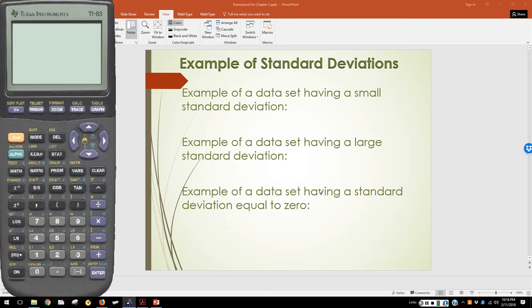A set of data that might have a very large standard deviation, on the other hand, might be the salaries of all the people that work for a company, like Eastman, because there you have people that have basically menial jobs, the people that are custodians, data entry clerks on the lower end of the scale.